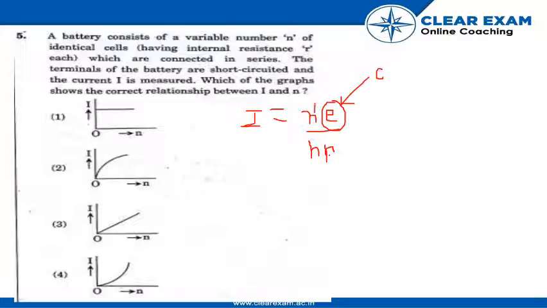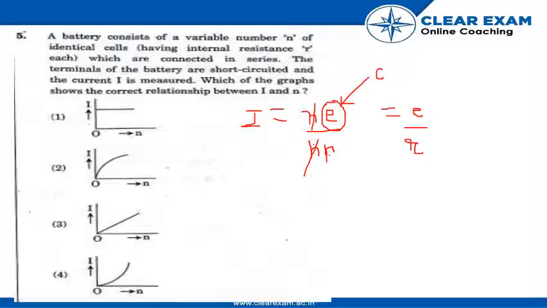So the n will be cancelled with n, and we will get E by R. So in this we can clearly see that I is not dependent on n.